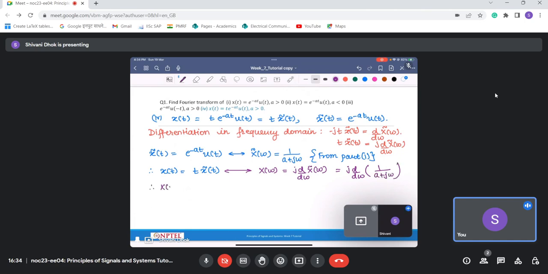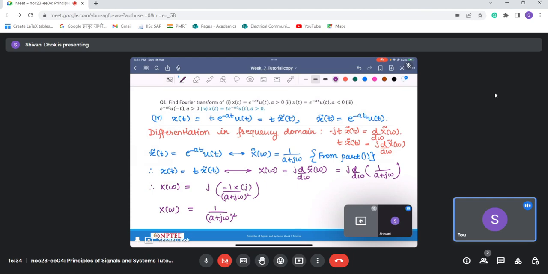Therefore X of omega is equal to j times minus 1 upon a plus j omega whole square into j, which can be simplified as 1 upon a plus j omega whole square, where this j into j results in a minus 1, and therefore this is the Fourier transform of t into x tilde t, or t into e power minus at into u(t).